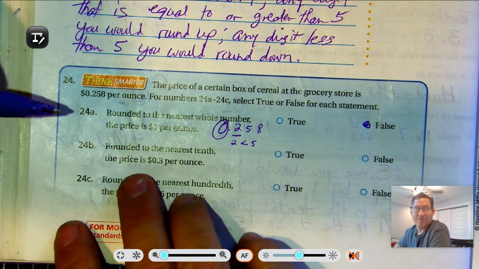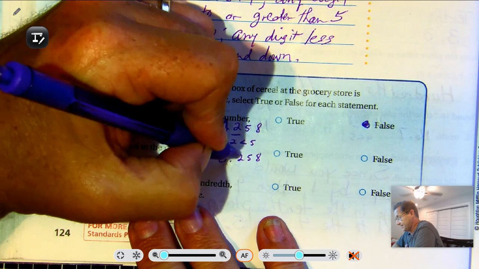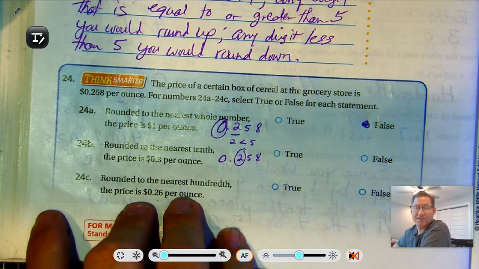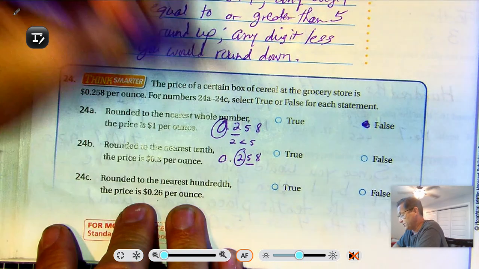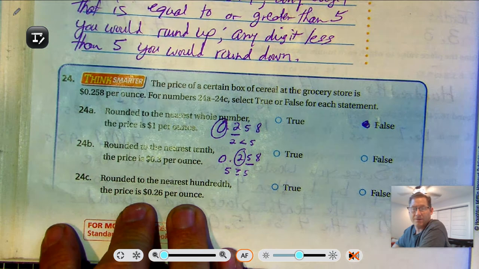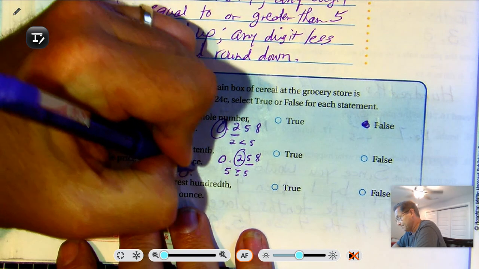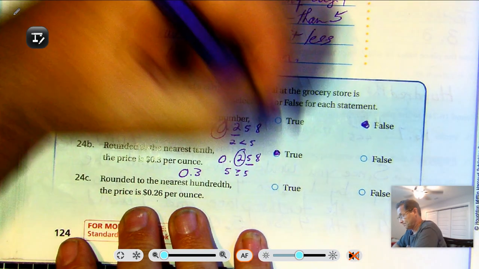Round to the nearest tenth. 0.258. The 2 is in the tenths place. Underline the digit to the right. Compare it to 5. Well, it's greater than or equal to 5, so round up. So 0.3. That's true.